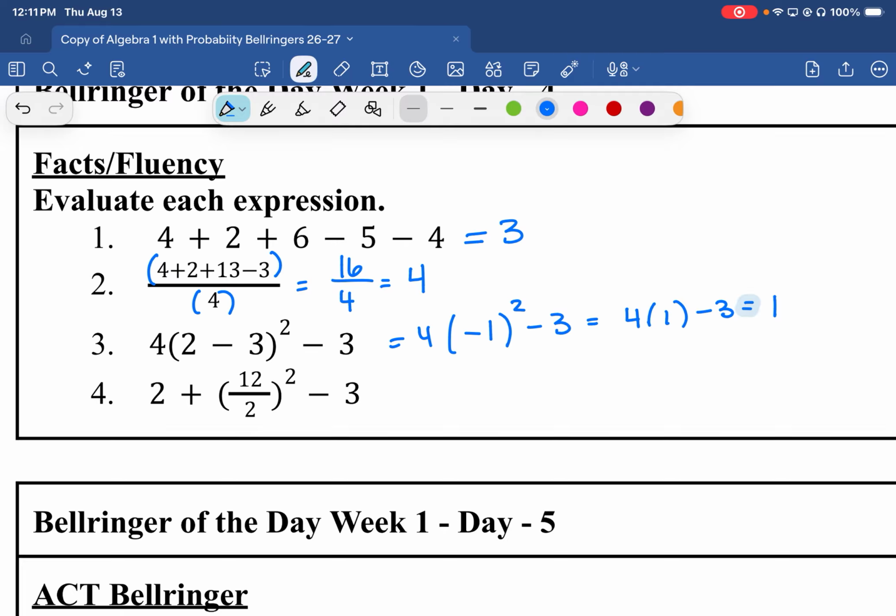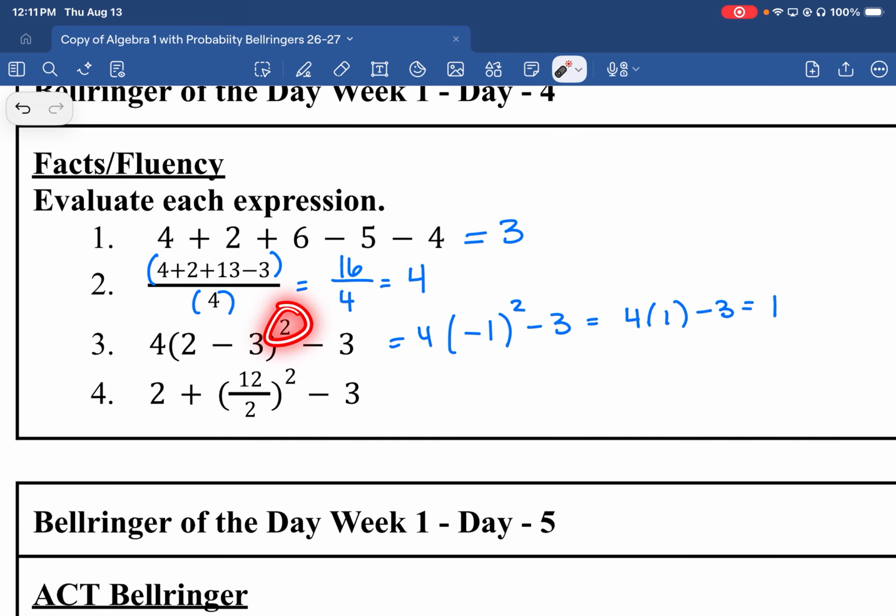All right, now for number 4. Yes, ma'am. So I didn't do it that way. I multiplied the 4 with everything in the parentheses. Okay, you can't do it that way, because it has the exponent on it. We have to deal with what is happening with this part first before we can distribute in.